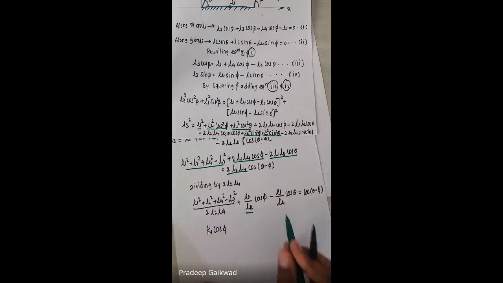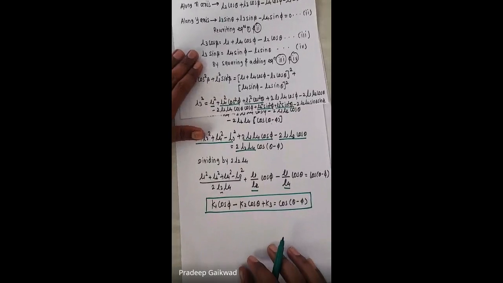So my equation is K1 cos phi minus K2 cos theta plus K3 is equal to cos of theta minus phi.